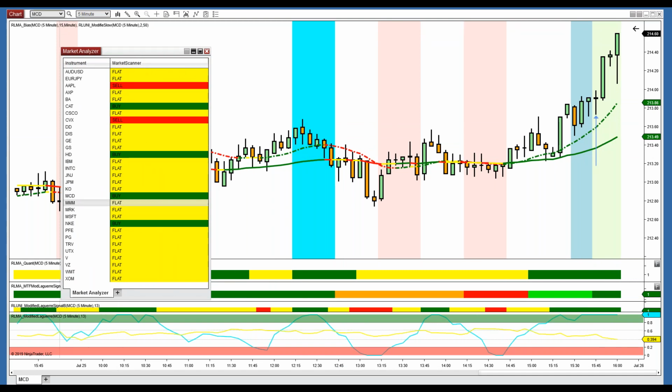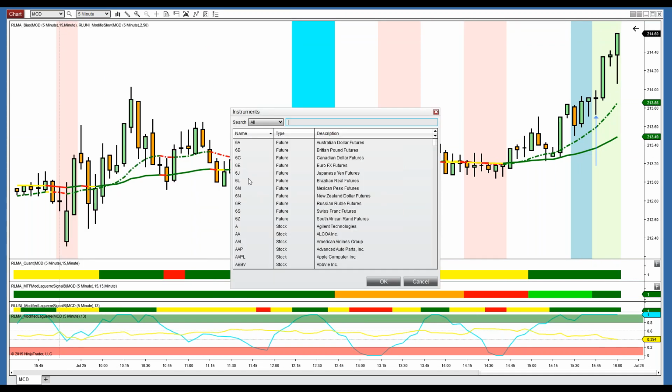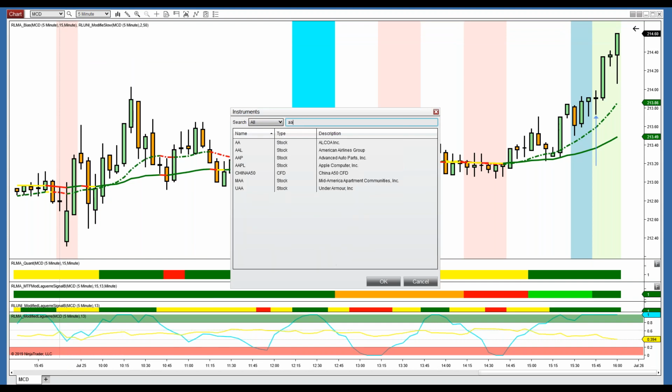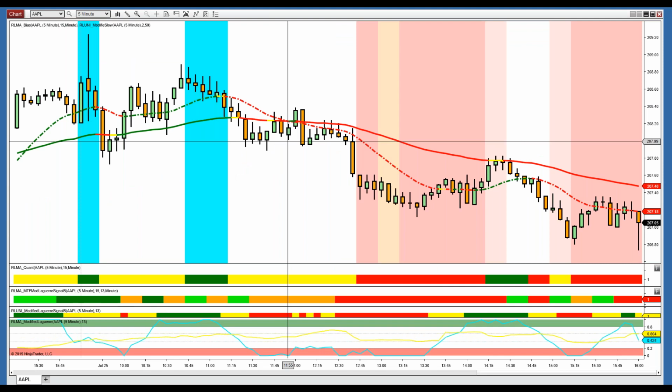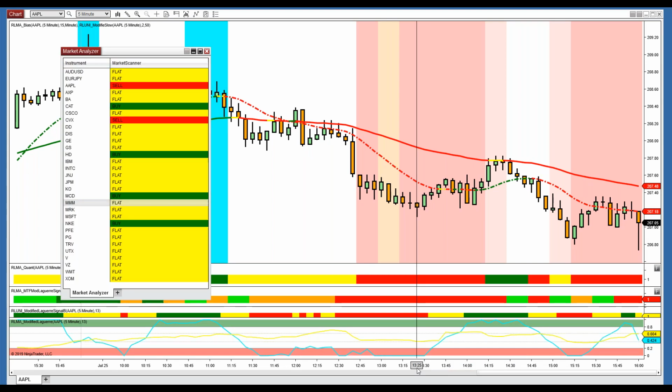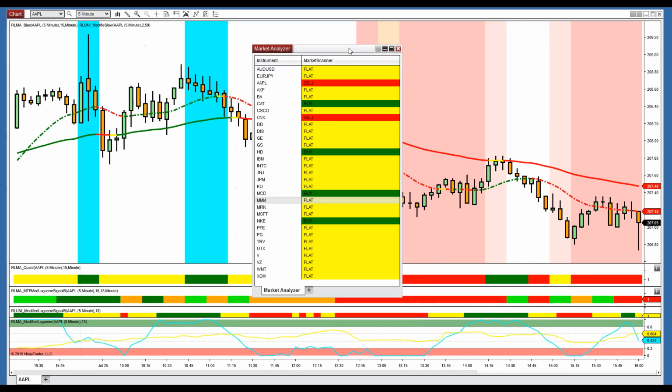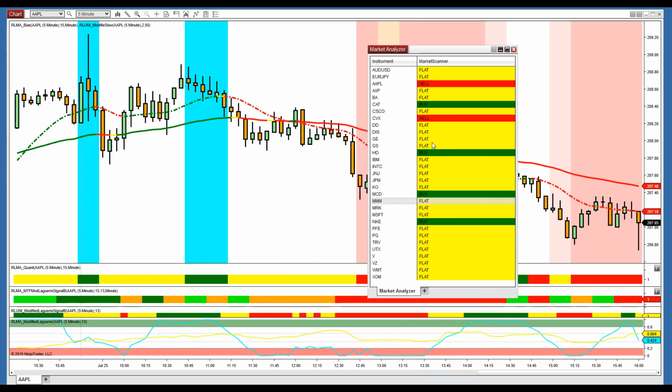Let's look at Apple. And you can see, go to the scanner, Apple is giving us a sell signal right here. And if we look at Apple and where it's positioned right at the close, Apple has a multi-time frame alignment to the downside.